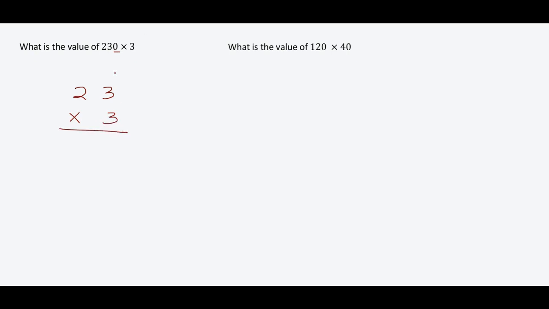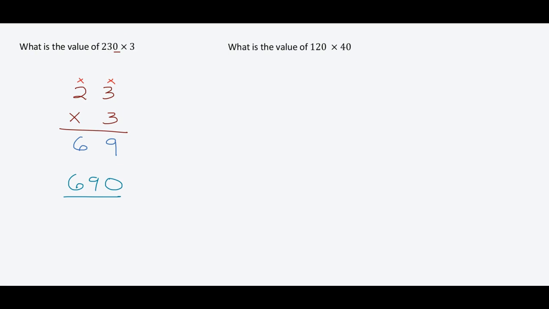So as usual, we'll start from the right hand side. 3 multiplied by 3, we have 9, and then we switch over to the tens column. 2 multiplied by 3, we have 6. So now what we're going to do with this is, because we have 1 zero, we're going to have 690. So we append the 0 to the result of the multiplication.